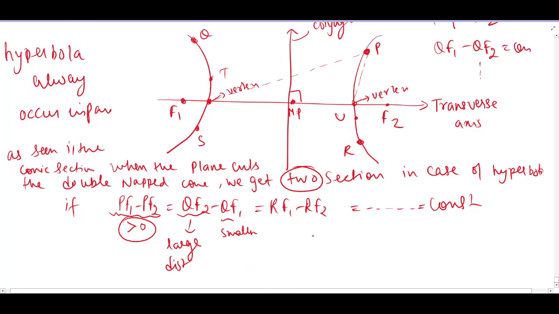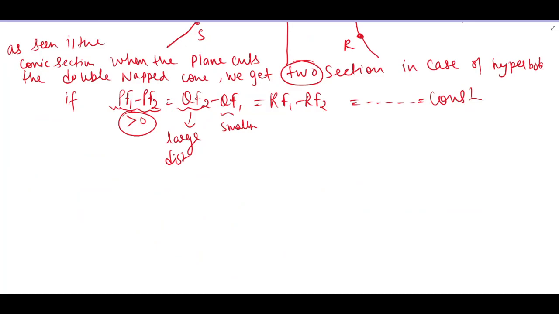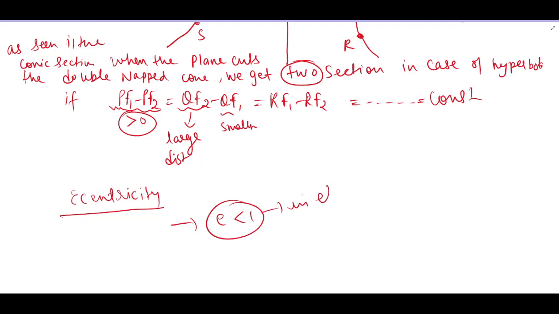So this was about hyperbola and the definition of hyperbola. Next is eccentricity in case of hyperbola. So just like in ellipse, where eccentricity is less than 1 because a is greater than c.